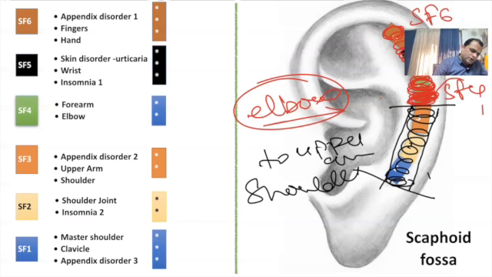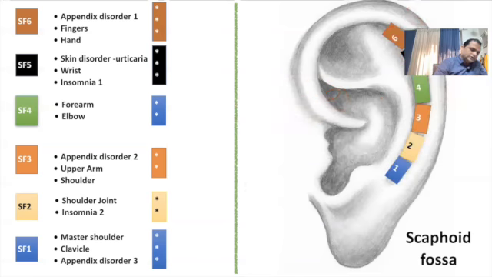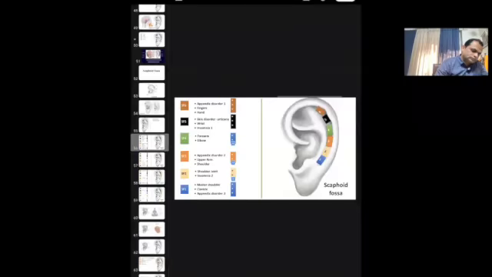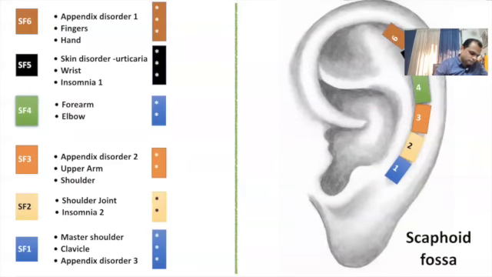तो SF4 में हमारी एल्बो आ जाएगी, एल्बो के साथ साथ एल्बो के नीचे का आर्म भी आ जाएगा। SF5 में हमारी कलाई आ जाएगी और SF6 में हमारी पूरी हथेली और उंगलियां आ जाएंगी। Okay, so let's see here. Look here in this image. So let's talk about the SF4.